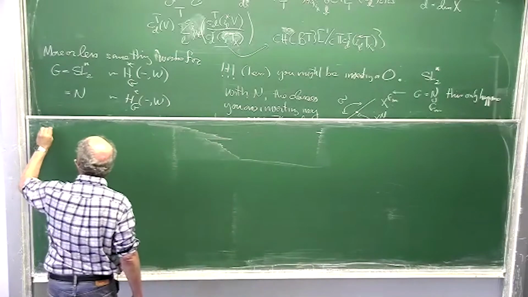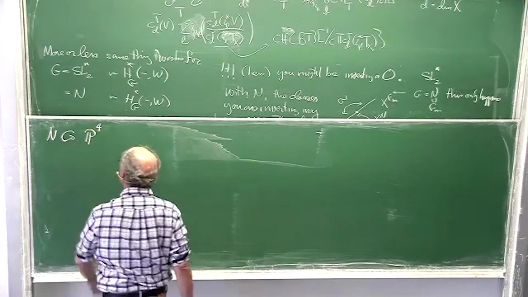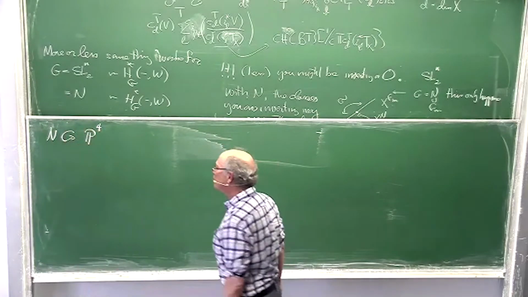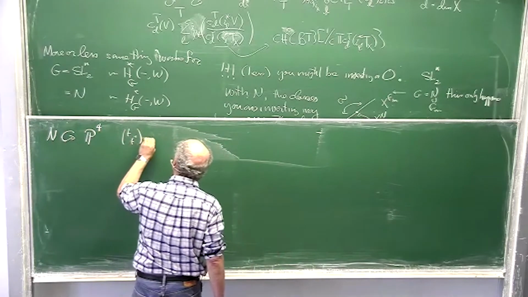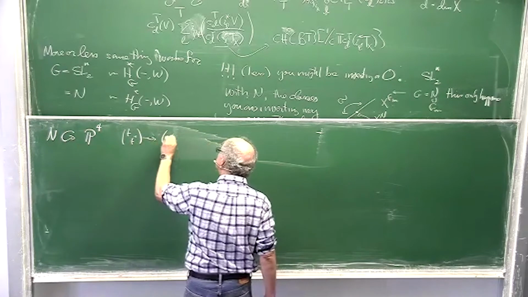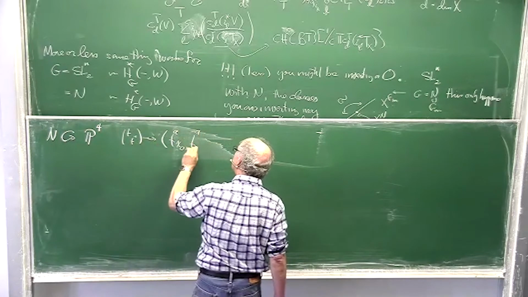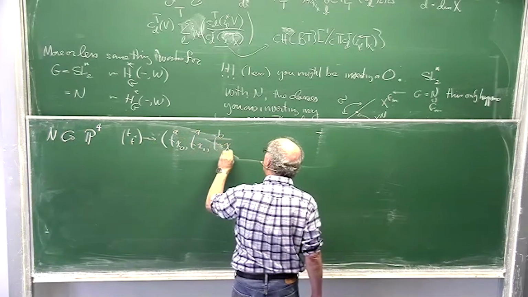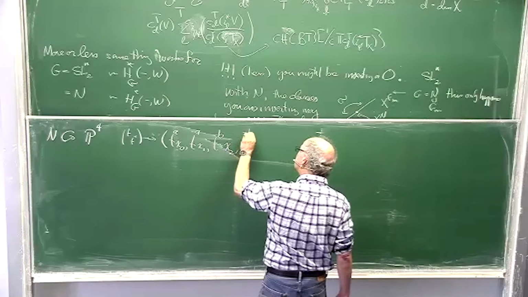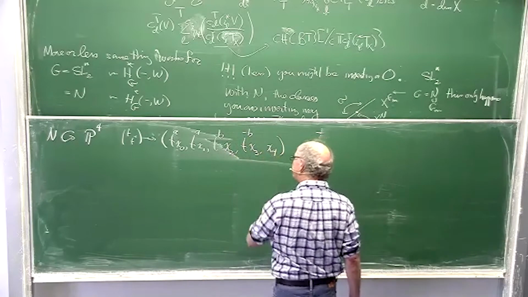But let's take the N action on, let's take the case of P^4. It works in general on P^n, but where you have this element T inverse acts by, say, t to the a on x0, then t to the minus a on x1, t to the b on x2, t to the minus b on x3, and then it leaves x4 alone.